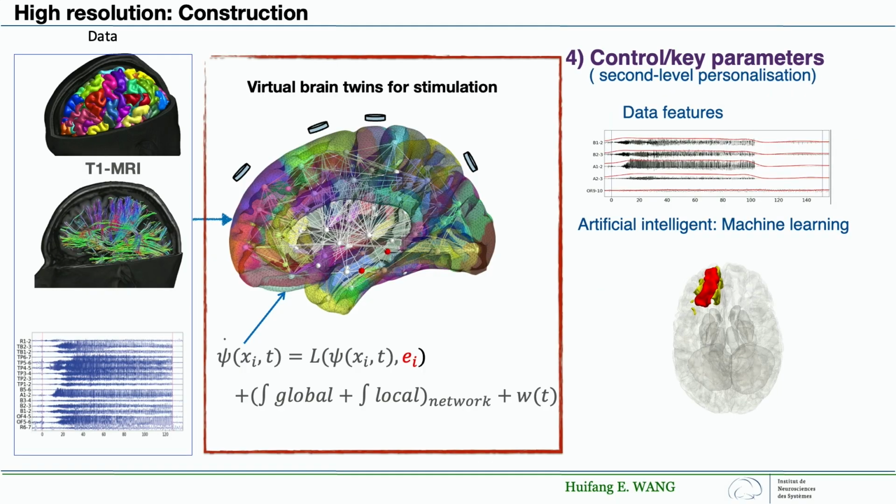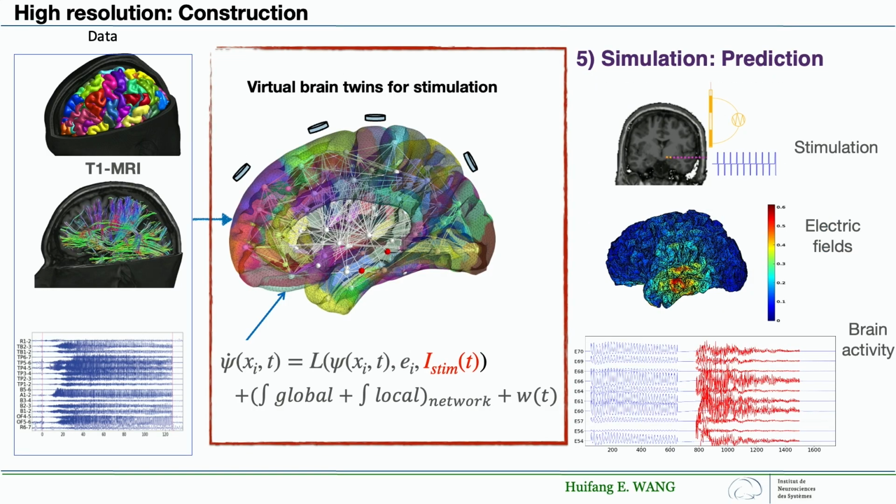After we have this, we can match our models to the sensor data that we can observe for the epilepsy patients. Here we use the SEEG sensor level, and we extract data features from this functional data. We use a machine learning method; in our lab, we normally use the Bayesian inference method to identify the epileptogenic network for this patient.